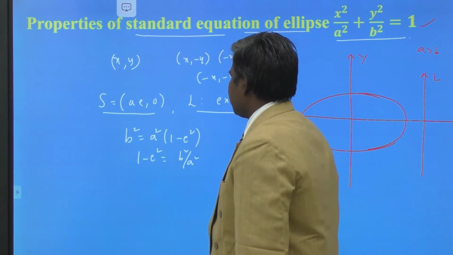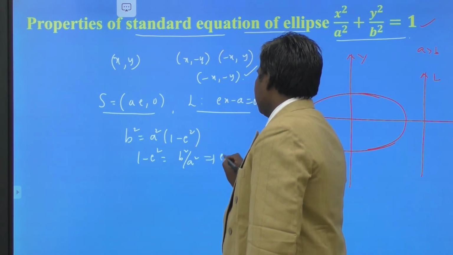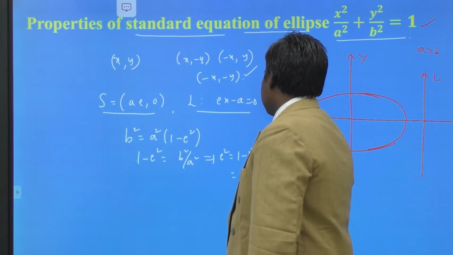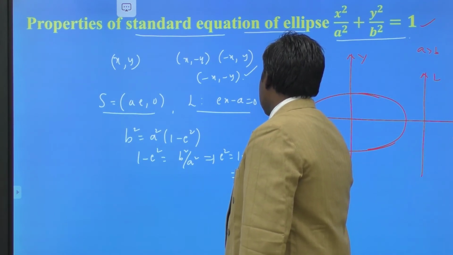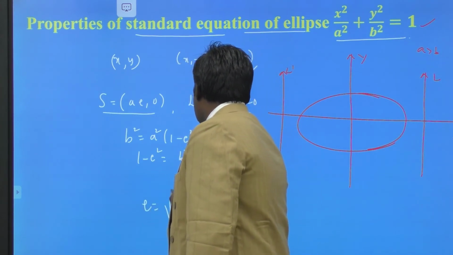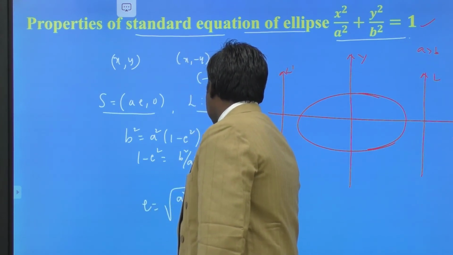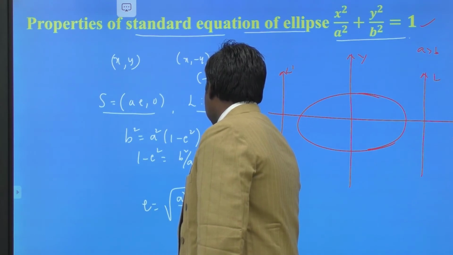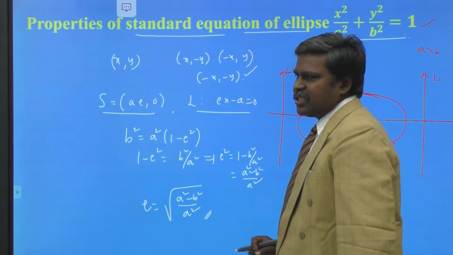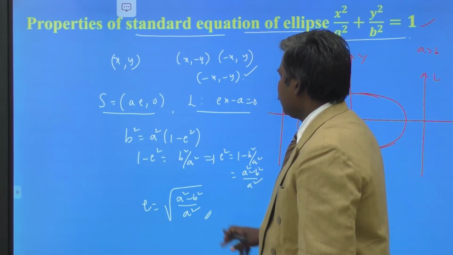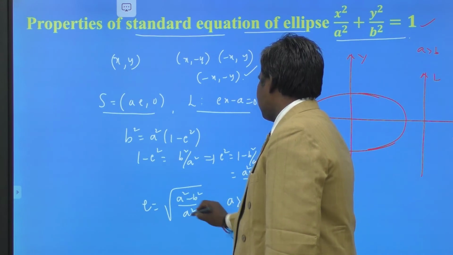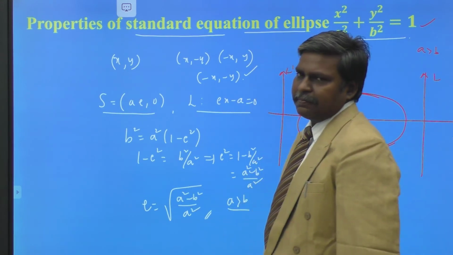Always remember these steps also. E square is equal to 1 minus B square by A square, that is nothing but A square minus B square by A square. So, E is equal to root of A square minus B square by A square. This is the eccentricity of the ellipse. It exists because A is greater than B.